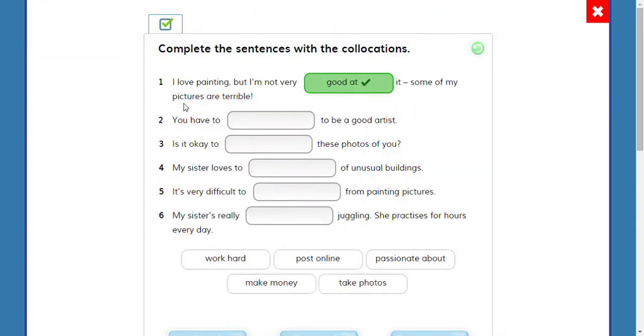For example, I love painting, but I'm not very good at it. Some of my pictures are terrible. You have to be a good artist. You have to work hard. Is it okay to post this photo of you online? Post online, passionate about, make money.